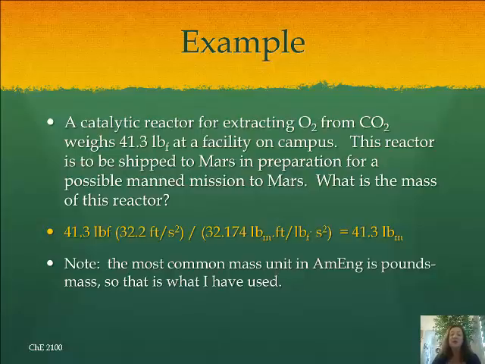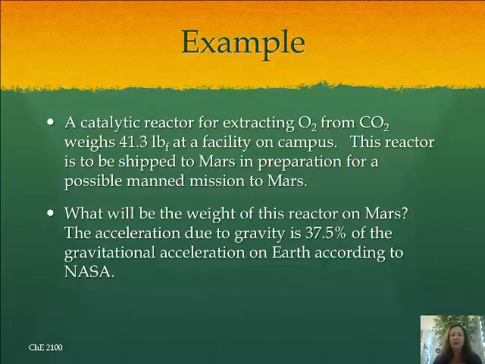Now, I did this using the most common units. Obviously, you could switch to other things if that were more appropriate. But now you see why people tend to really confuse pounds mass and pounds force, because they appear to be interchangeable.